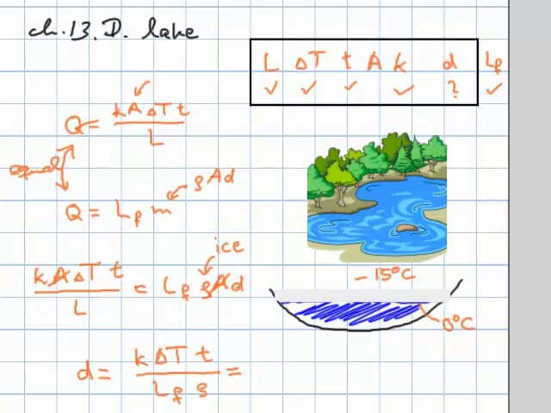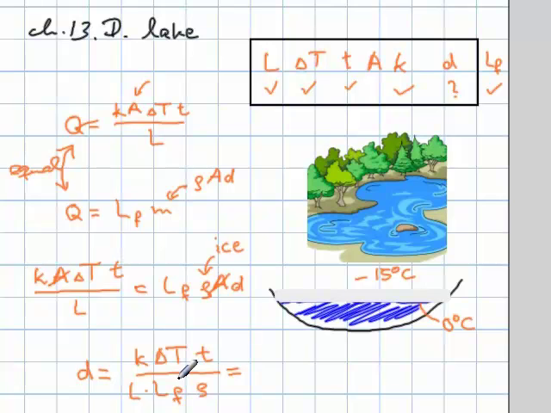Oh, I forgot something. I divided by L_F, but there's still that L. I need it right now after I multiplied with the time. So the original thickness of the ice is divided by 0.3.